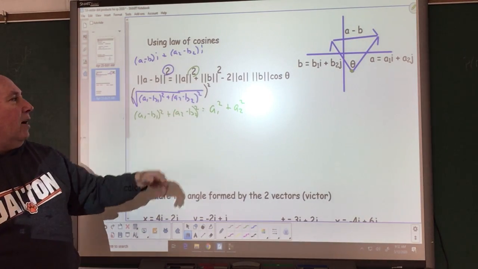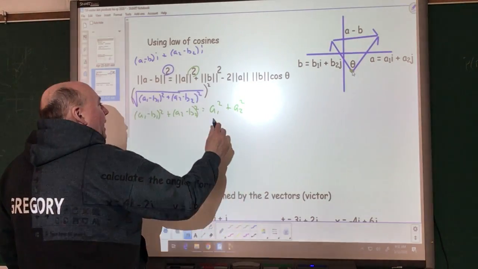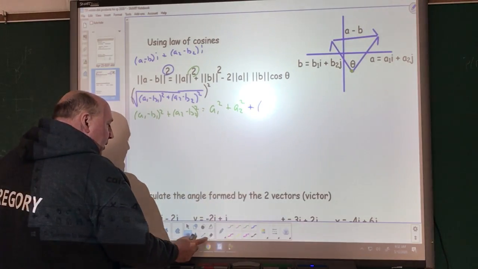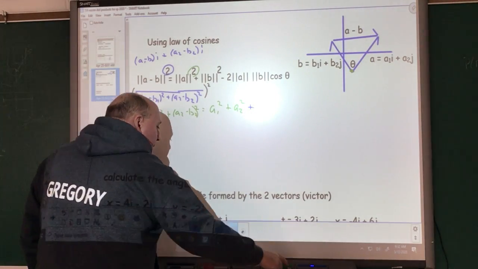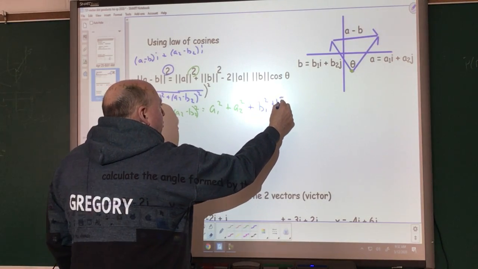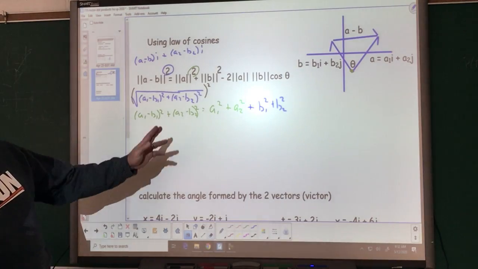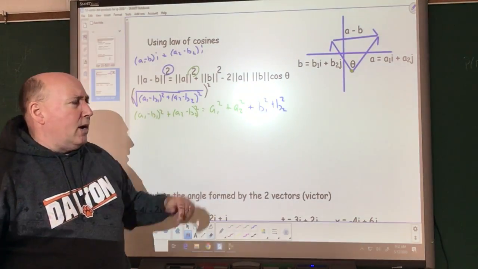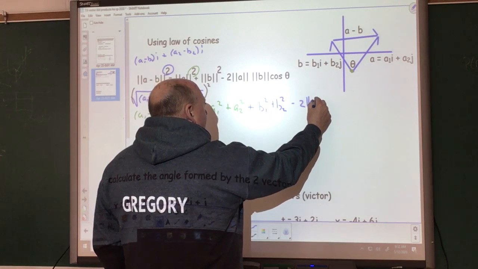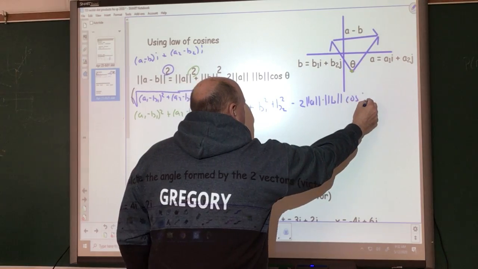The magnitude of B is B1 squared plus B2 squared. And then I'm just going to leave this alone right now. I'm just going to leave this as minus 2 times the magnitude of A times the magnitude of B, cosine of theta.